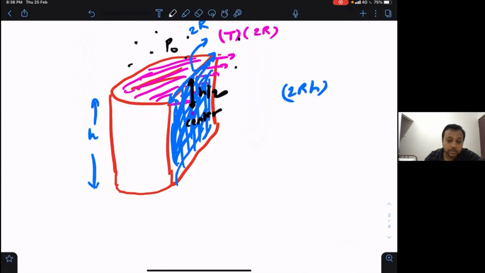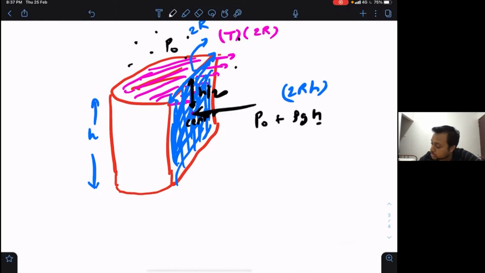At the center, what will be the pressure? Well, that depends on the variation of pressure with depth. The pressure increases as we go downwards. If we go down by a distance h, then the pressure increases by rho g h. In this case, we are going only h by 2. So the pressure at the center is P naught plus rho g into h by 2.